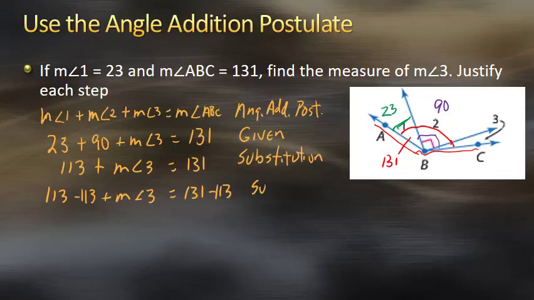Well, that's the subtraction property. And then we've got the measure of angle 3 equals, let's see, 131 minus 113 is 18. That's the substitution property.